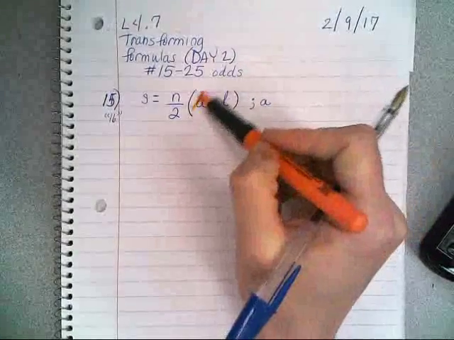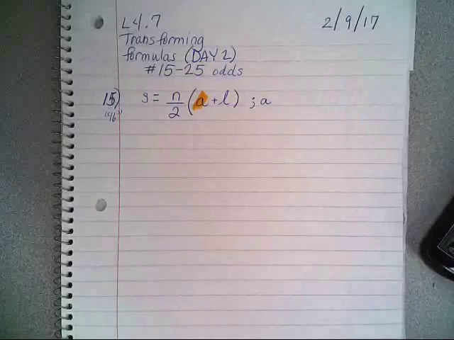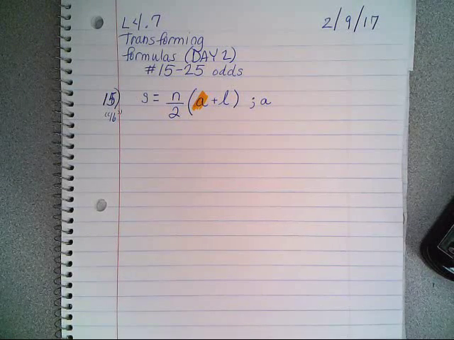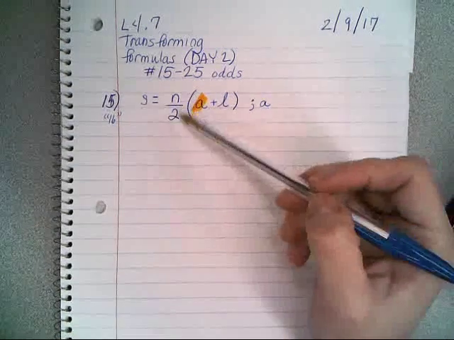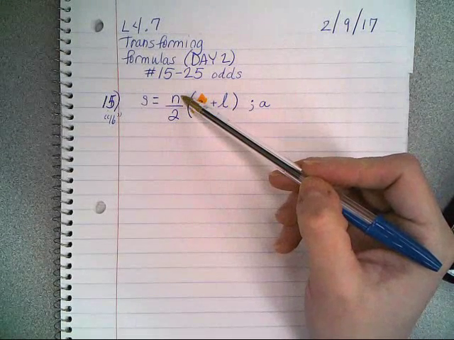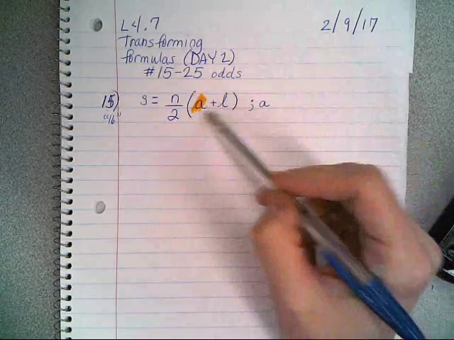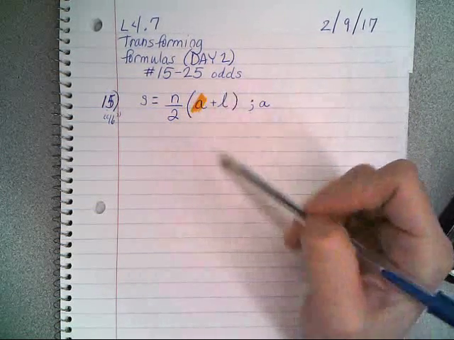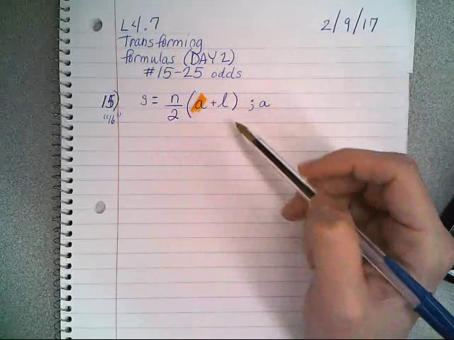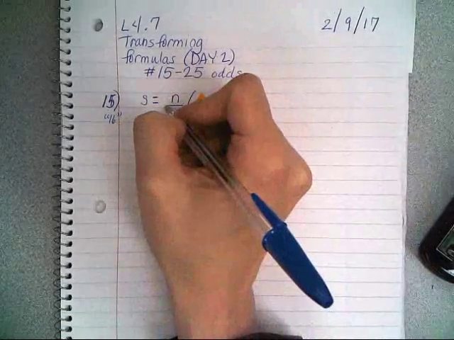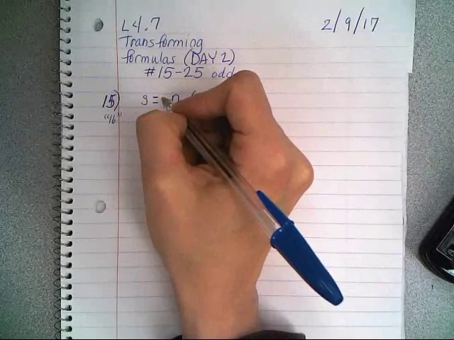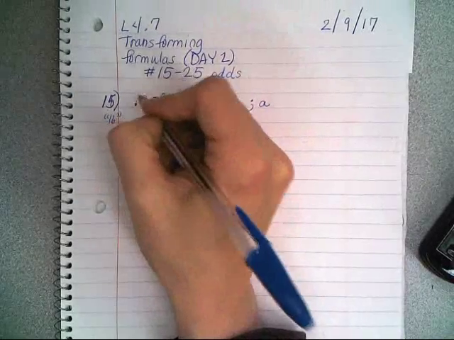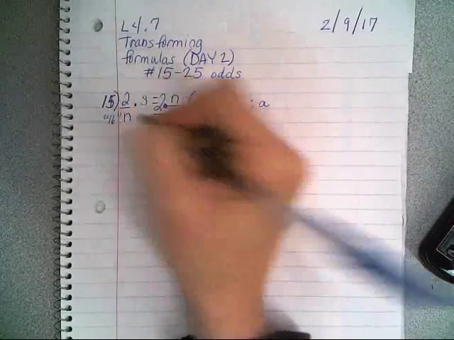And we're solving for A, okay, which means our goal is to get A equals whatever, all right? What this literally means is n divided by 2 is being multiplied by this, okay? And you might think, well, I'm going to distribute that. Instead of doing that, which is too much work, we are going to divide n over 2 out by multiplying by its reciprocal, 2 over n.